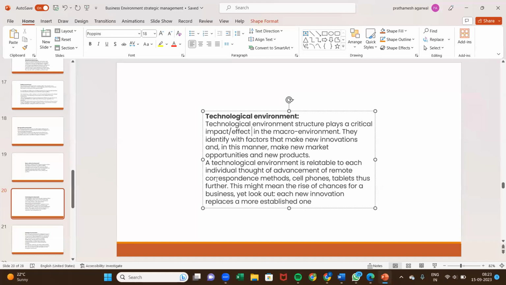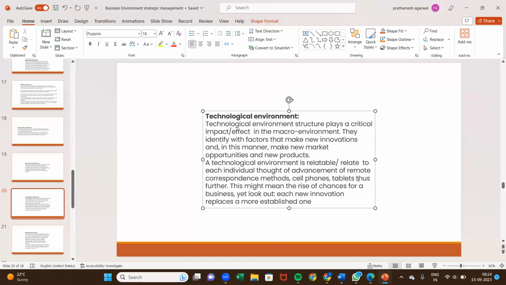So that is called as innovation. A technological environment is relatable to each individual. Relatable means we can relate to each individual thought of remote corresponding methods, right? Example, cell phones, tablets, and many more.